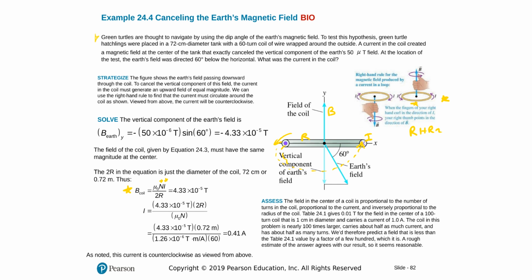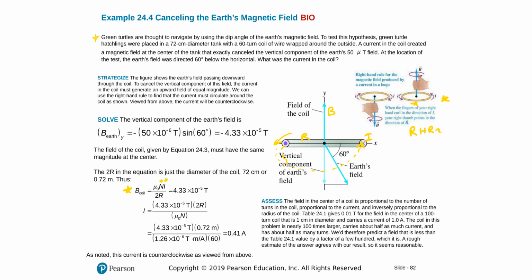This is not a nice bio question. Don't get confused when you have real life application questions, because that's how we actually use magnetic field. So look at the values given and put them in your equation.